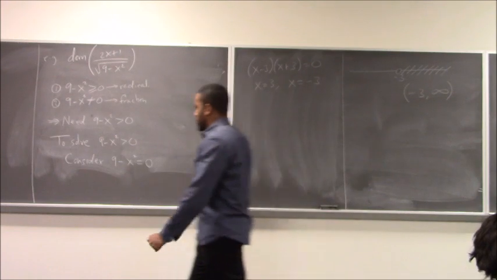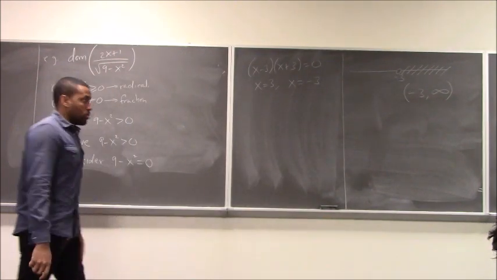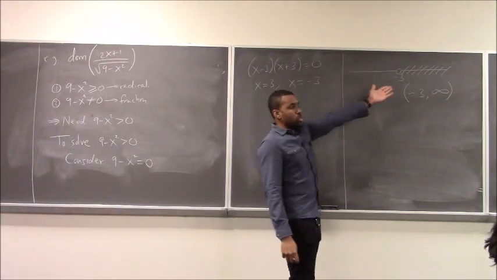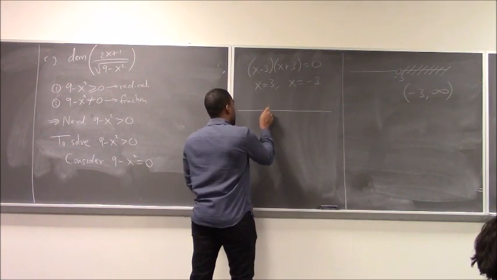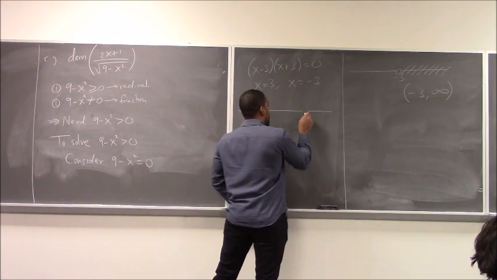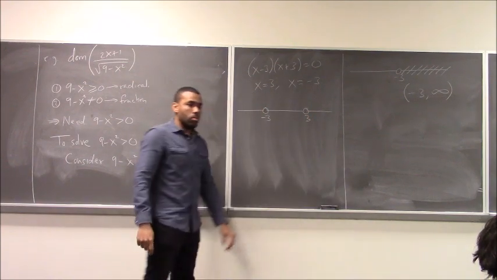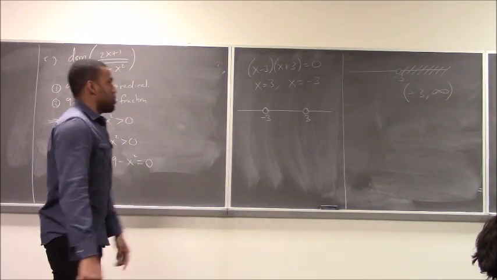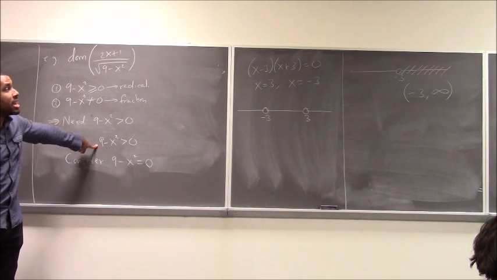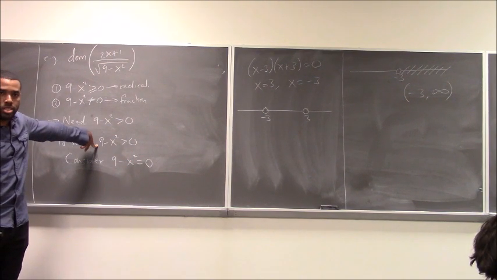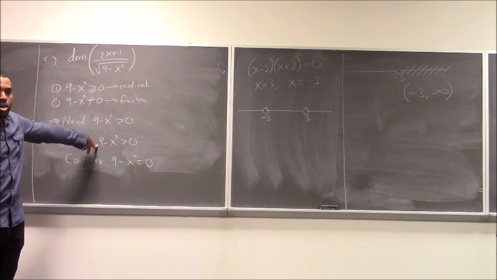Now, is it a concern that they will always be negative? Well, we'll see. Again, what we're going to do is we're going to draw a picture. We're going to put in the negative 3, put in the positive 3. But now we remember that it's not an equation, it's actually an inequality. We care about that expression being greater than 0. Okay? So how do you figure out where it's greater than 0?